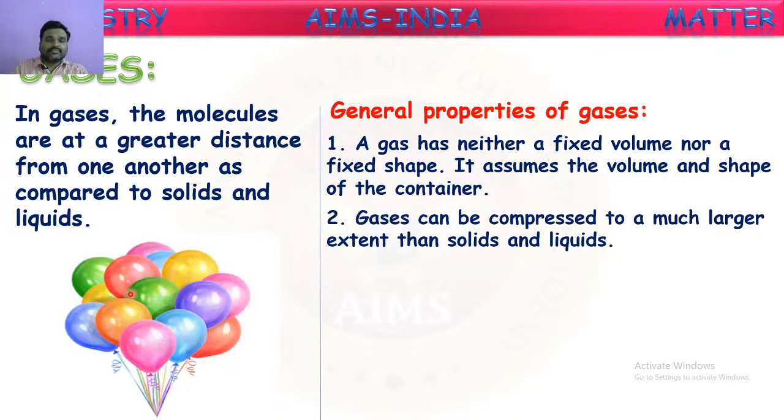The LPG cylinder contains a gas which is compressed and kept in the cylinder. If you release that gas, it may occupy a huge place. If you allow that gas to expand, it may expand over an entire colony. That much gas is there in it, but it is compressed and kept in the cylinder. So what do we have to understand here? A gas can be compressed to a great extent.